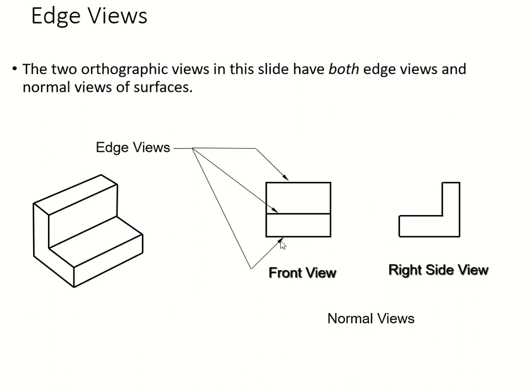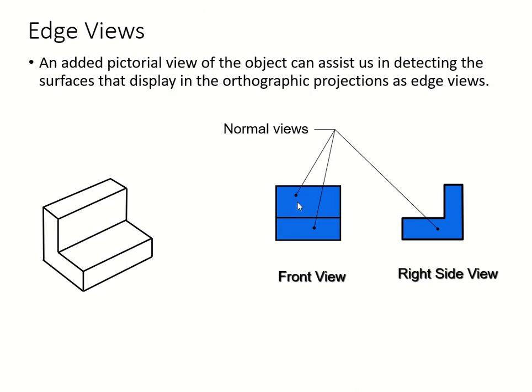So here you can see the edge views. Look at all the boundaries. And your normal view is just a regular view that is perpendicular to your line of sight. Edge view is parallel to the line of sight. So here again, normal views are perpendicular to the surface.